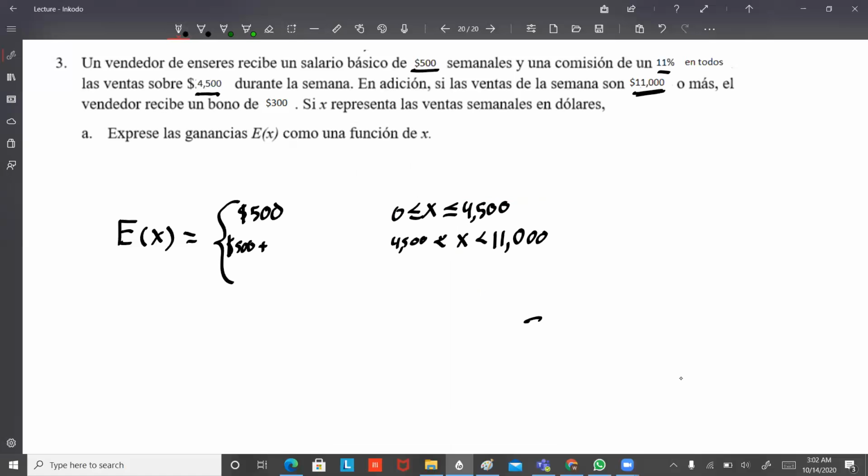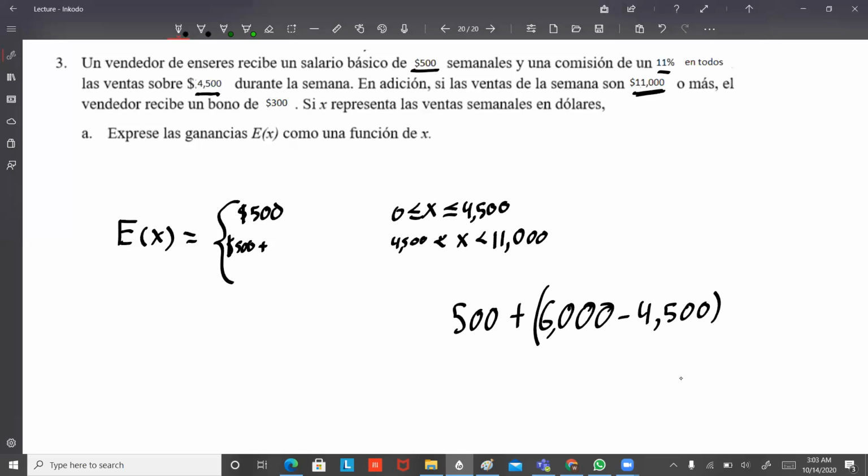If you sell $6,000 worth of stuff, then you're going to get your $500 pay, and then on top of that, you're going to get commission on the $1,500 that's greater than the 4,500. Because you don't get commission here, you get commission on what's over it.